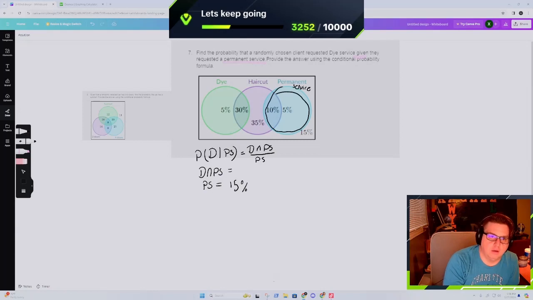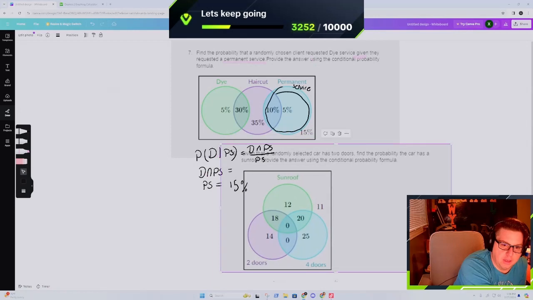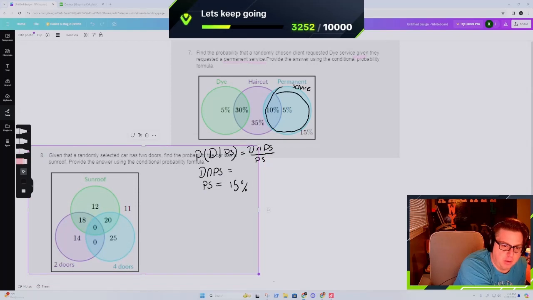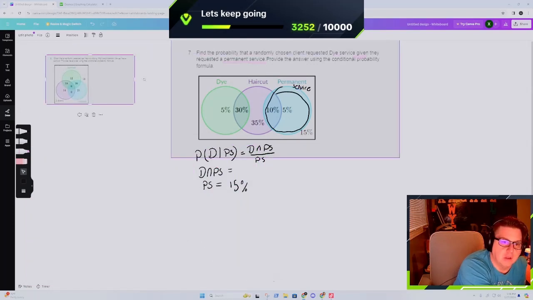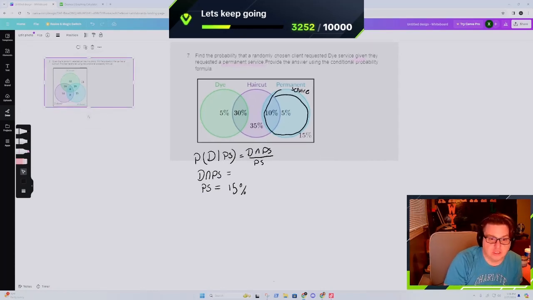Now, where does the green circle intersect the blue circle? Does it happen in these types of problems? Well, take a look at this. When we look at a problem like this, do you see how green and blue do intersect? Yeah, but does it happen in this problem? It does not. So that means that there is zero intersection for these two things to happen.